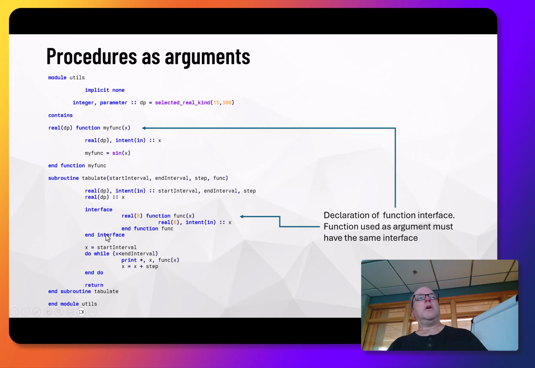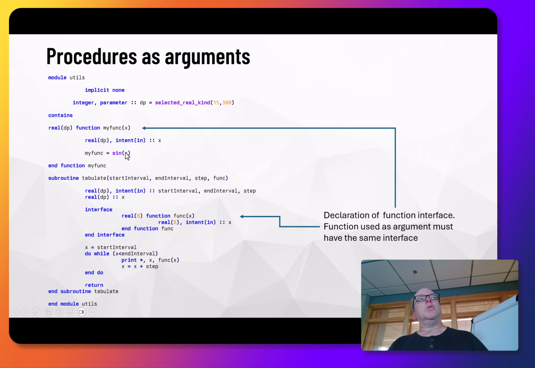So again, interface and end interface. And here I say I expect a function with real 8, and the x should also be real 8. I should have put dp here. And then in my module I also have my own function for this, so I can define any function here in my module section.